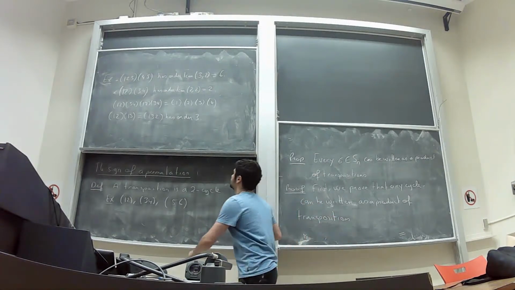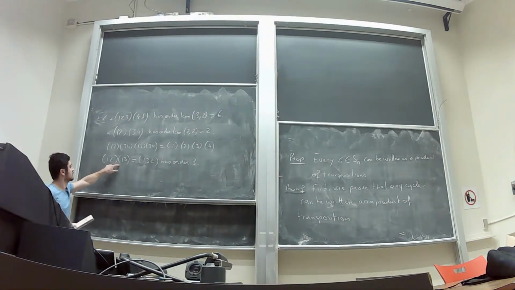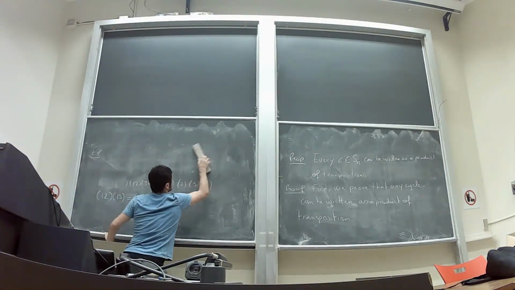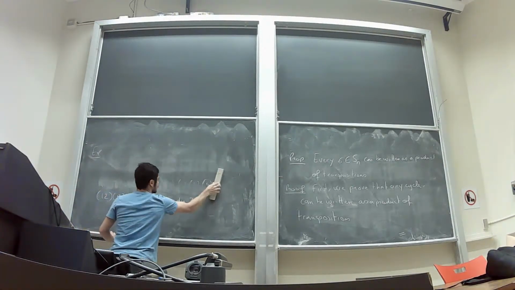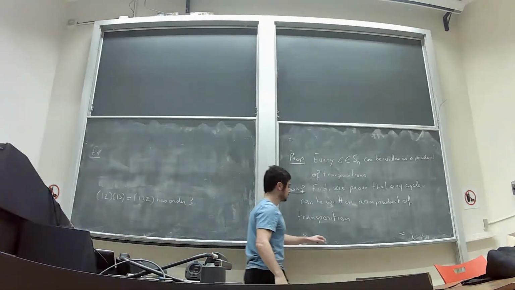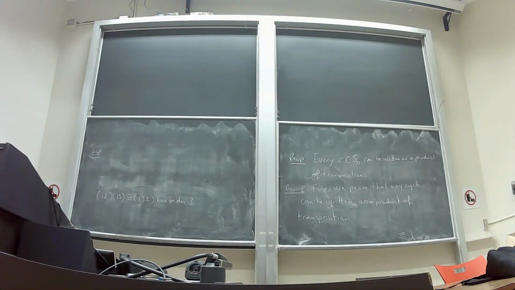You see this? It's not bad. Take, for example, (1 2 3). What would that be equal to?